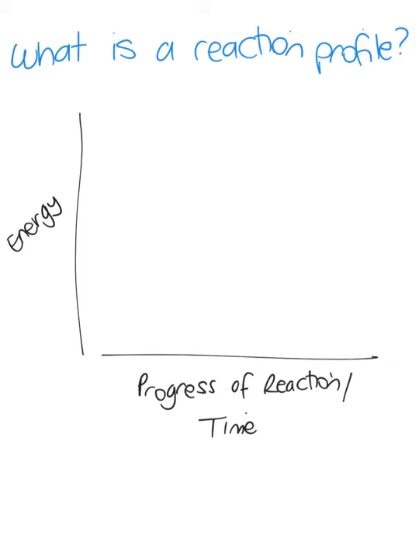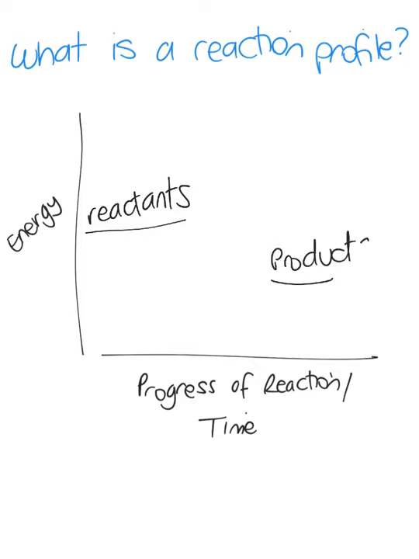What you do is place the reactants of a reaction and the products on the graph by a line. The reactants have a certain amount of energy on the profile, and the products will be shown to have a certain amount of energy on the profile. Obviously in terms of time, products come after the reactants because the reactants are turning into products.